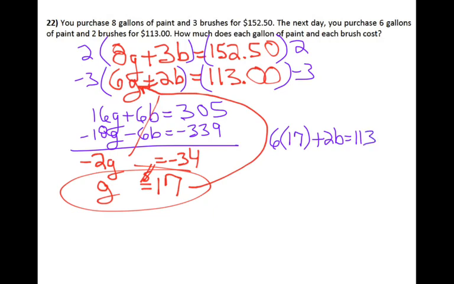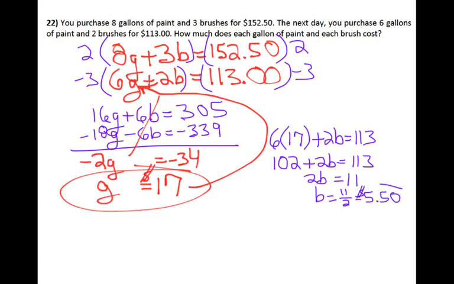So 6 times 17, that should be 102, plus 2B equals 113. 2B equals, subtract the 102, so we get 11. So B equals 11 over 2, which equals 5.5, or since we're talking money, $5.50. So that's how much the brushes cost. And the other one, of course, is the paint, gallons of paint.